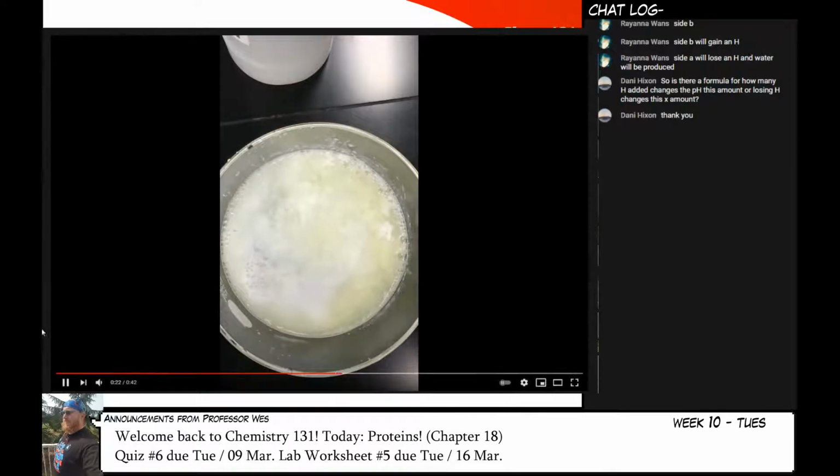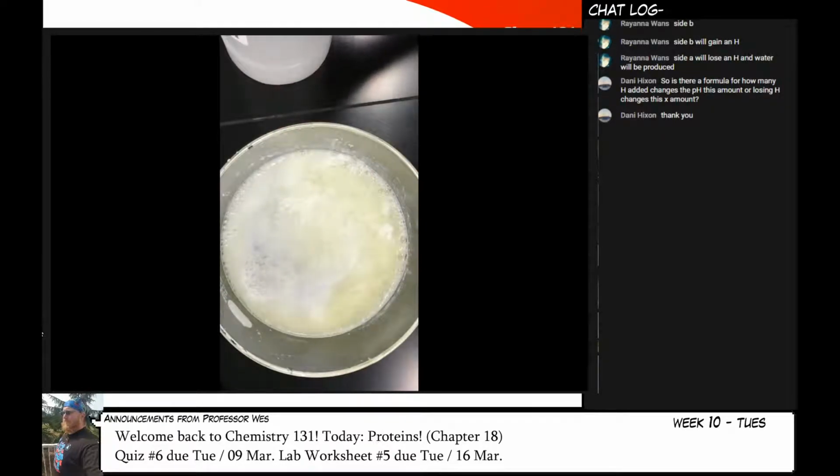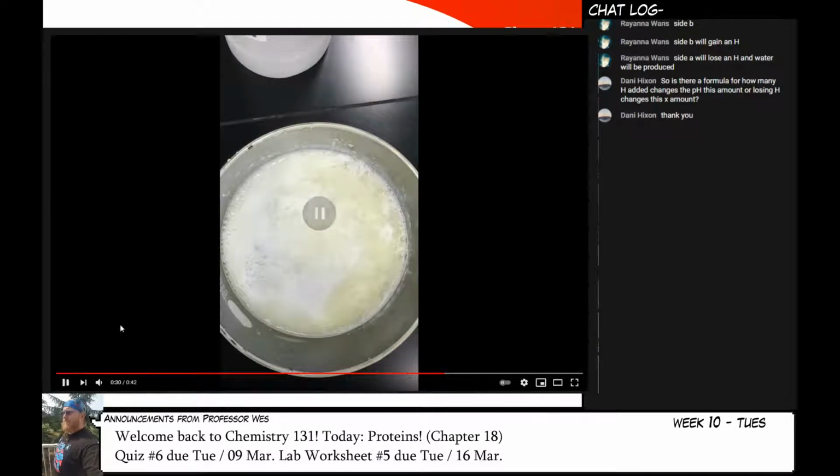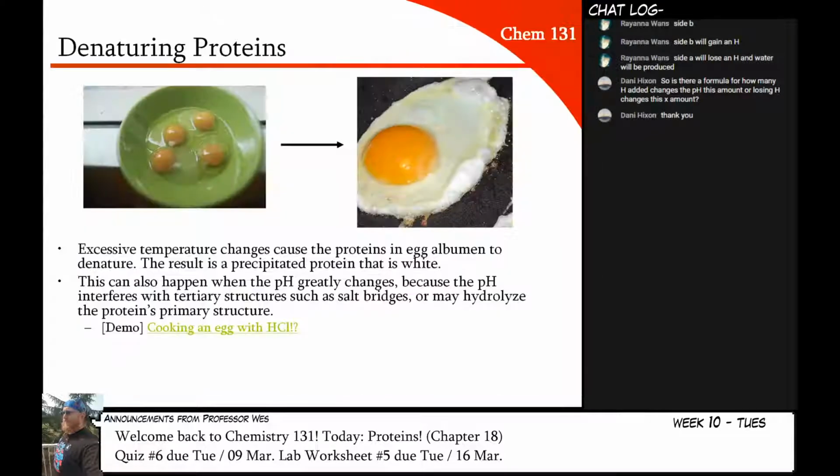And so that looks a lot like when you've just started cooking your egg, right? Like, it starts to congeal and sort of come together. HCl will do the same thing. What's happening when you do this is that you're denaturing the protein.